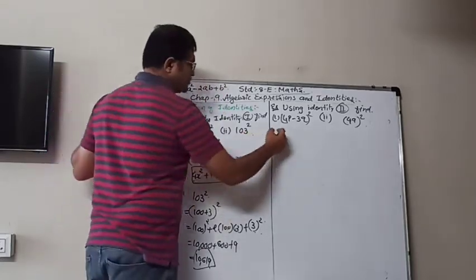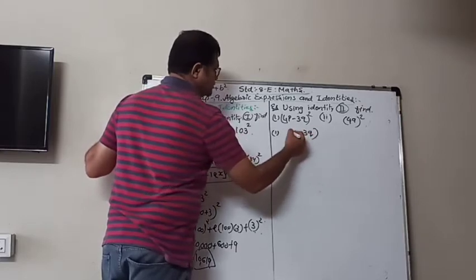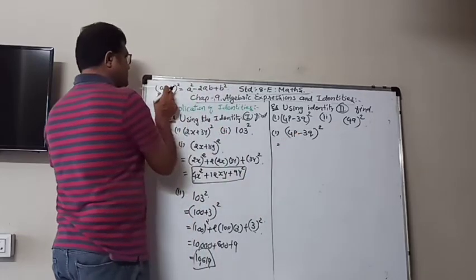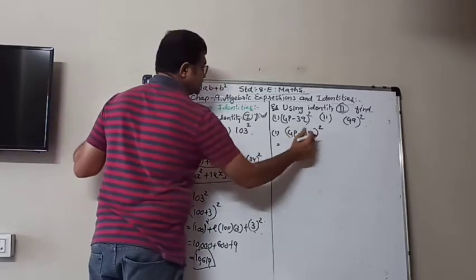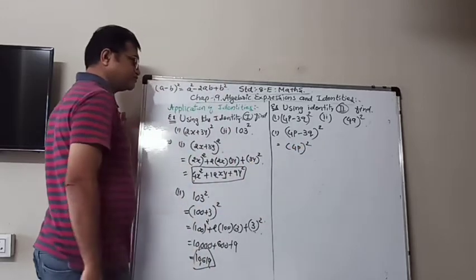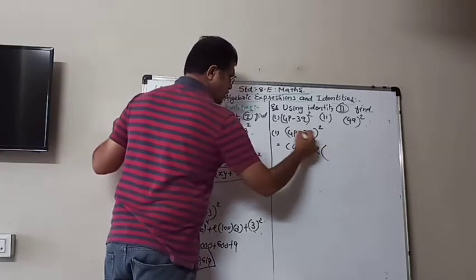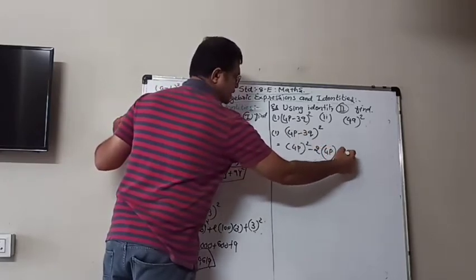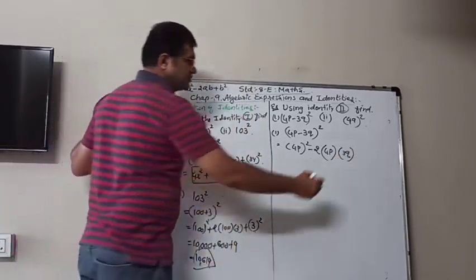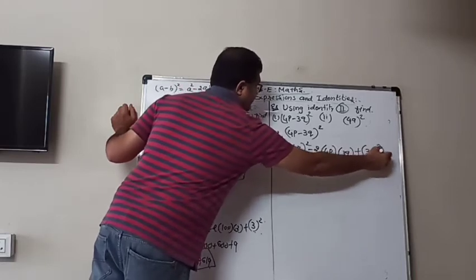So here first we will take (4p minus 3q) whole square. Here in the place of a, that is 4p, in place of b, 3q. So it is equal to (4p) whole square minus 2 into 4p, another bracket 3q, and plus b square means (3q) whole square.